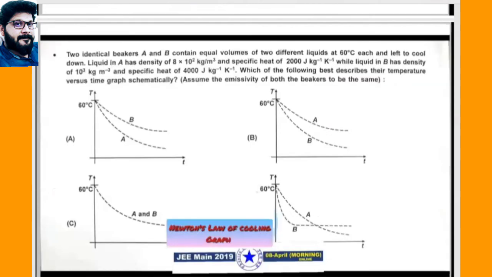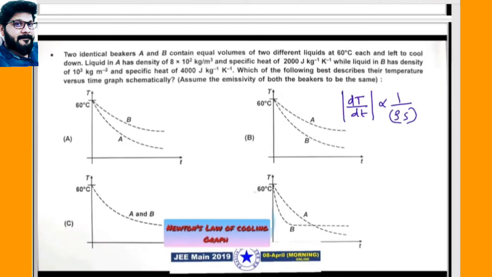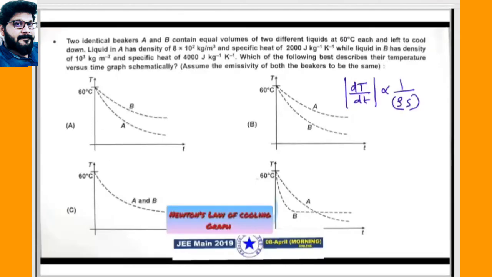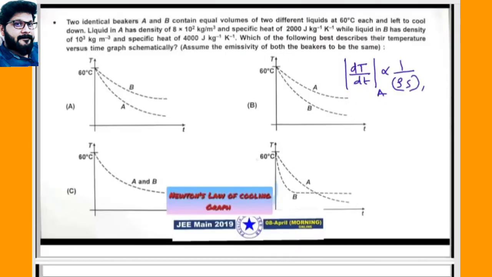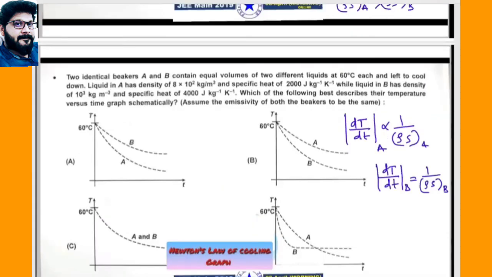So dT by dt is inversely proportional to rho into s. This is for A if I take A. Similarly, rate of cooling for B is 1 by rho into S for B. It is inversely proportional.